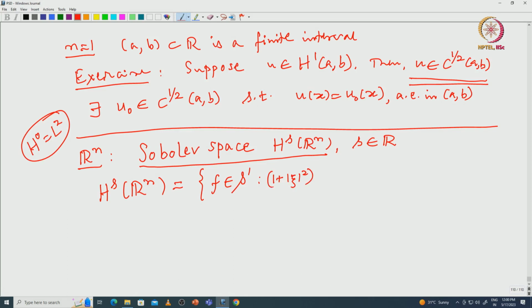This S is coming here, and f cap. This f cap is a tempered distribution, but we want it to be a function, and when multiplied by this polynomial factor, we want this to be in L2 of R^n.